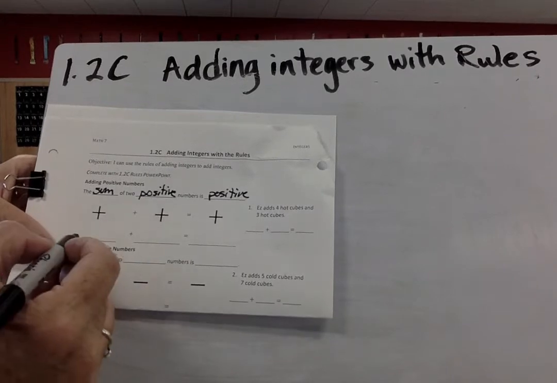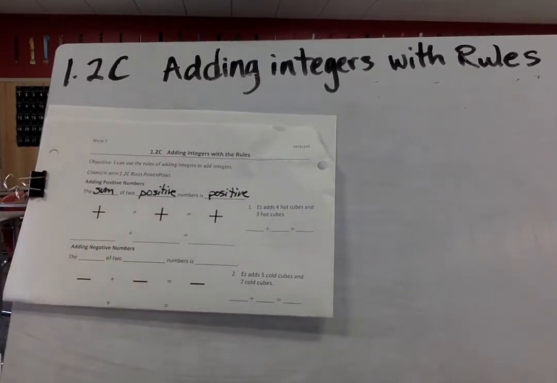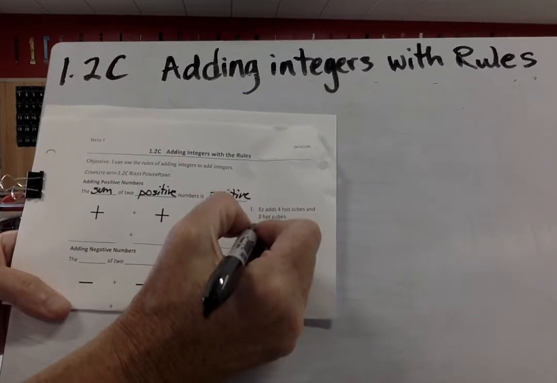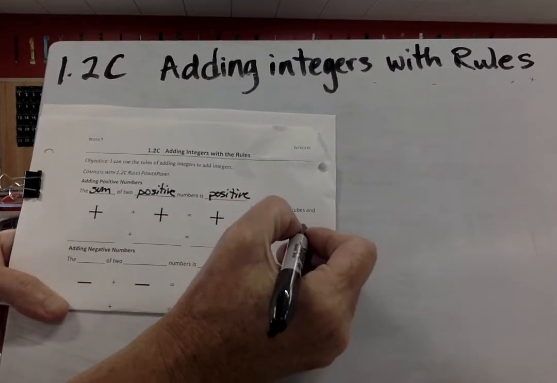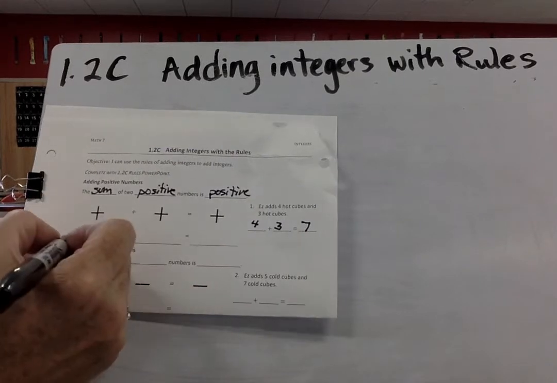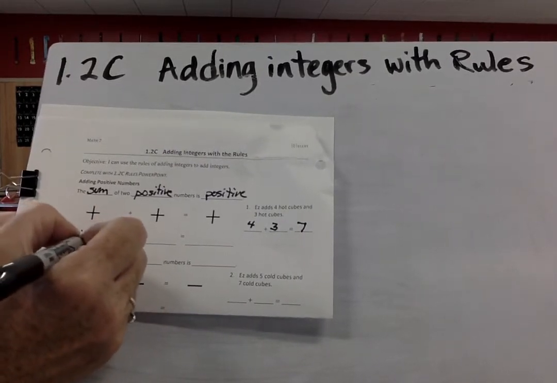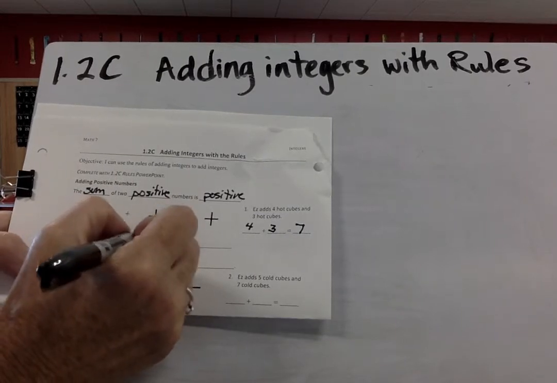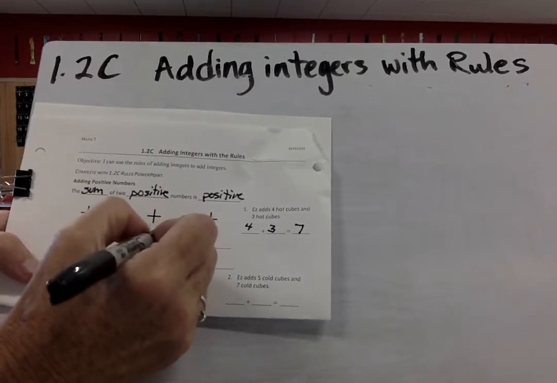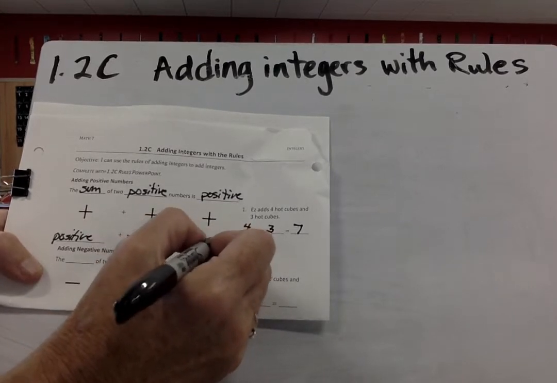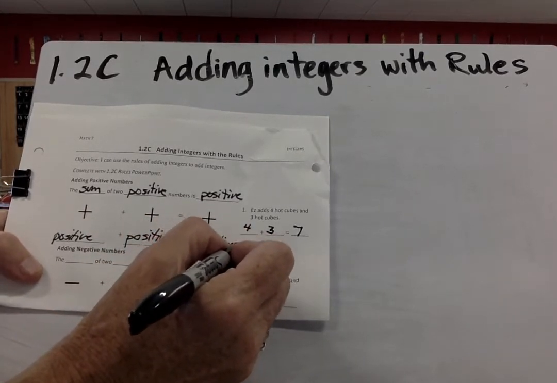Okay, so if Ez adds 4 hot cubes and 3 hot cubes, 4 plus 3 equals 7. Okay, so if I have positive plus positive, the answer is always positive. And if I have to write it all out, you do too.